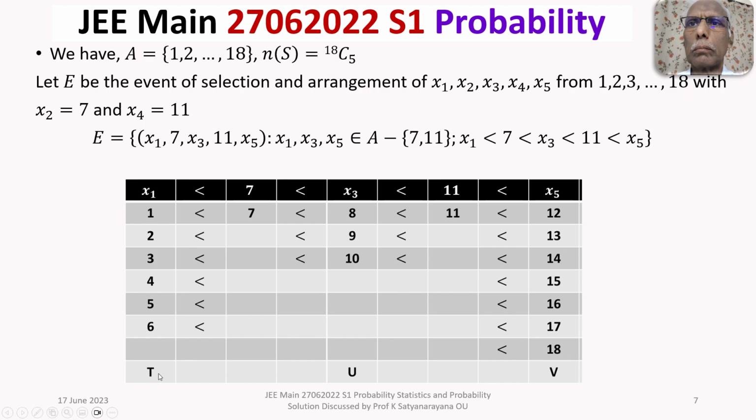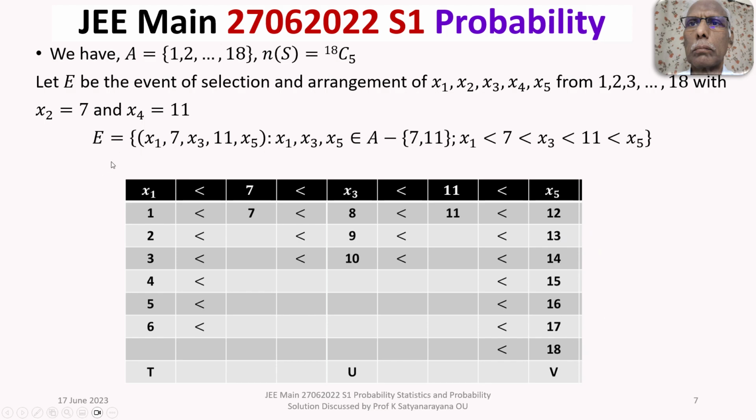So what is T? T is the set consisting of 1, 2, 3 up to 6. U is the set consisting of 8, 9, 10, 3 elements. And V is the set consisting of these 7 numbers 12, 13, 14, 15, 16, 17, 18.